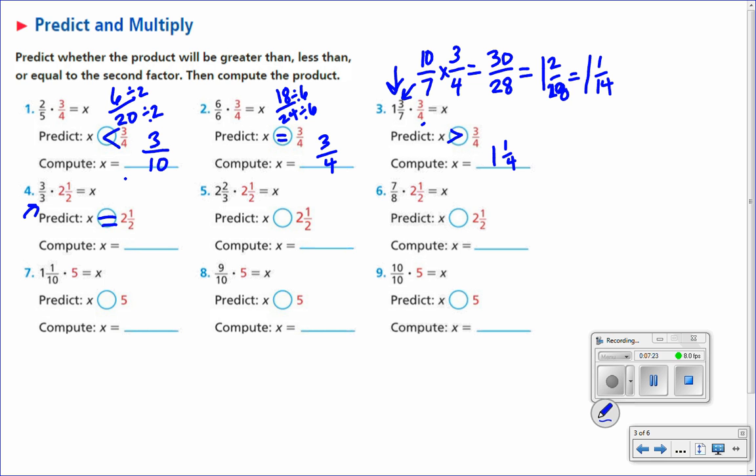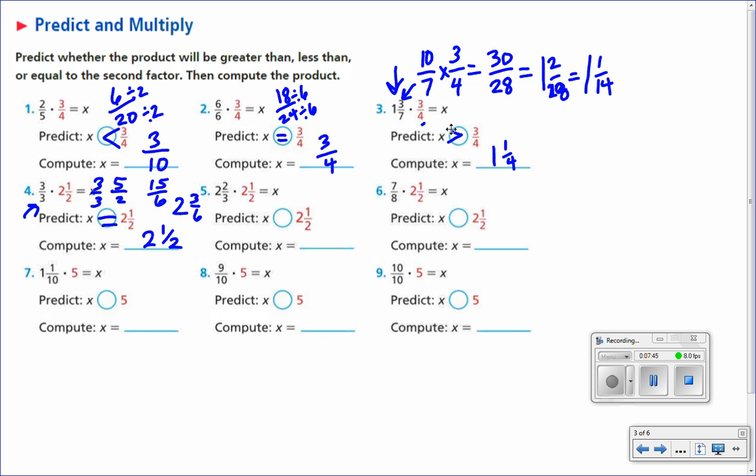5/2 multiplied by 3 threes is 15 sixes, yes. 6 goes into 15 2 times with 3 sixes remaining, which is 2 and 1/2. Isn't that crazy how that works out?